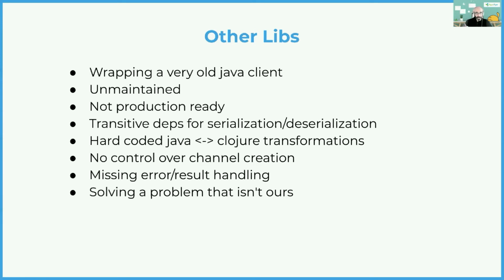Some have other libraries as dependencies, which could be optional, like JSON serialization. We don't necessarily need that. They had hard-coded Java to Clojure transformations, which we would like to have as optional. They had no control over channel creation, no error handling, or they were nice, but they solved a problem that we don't have.